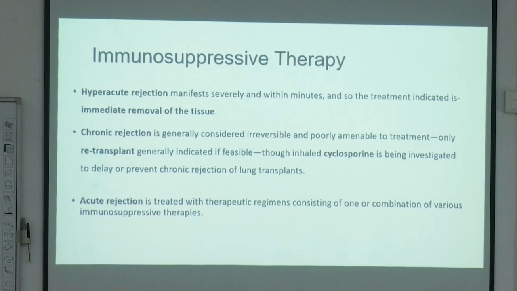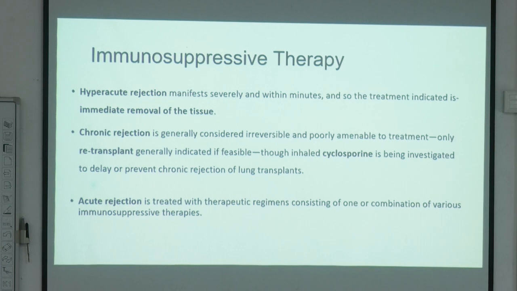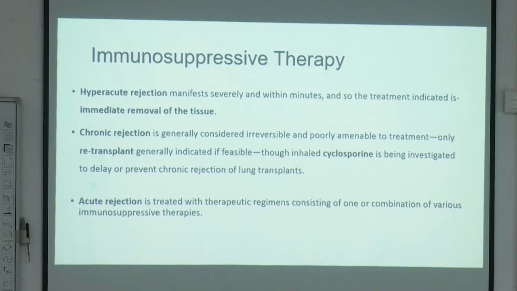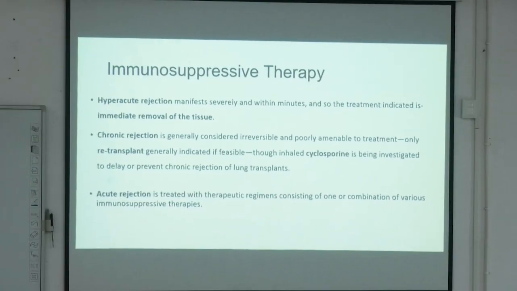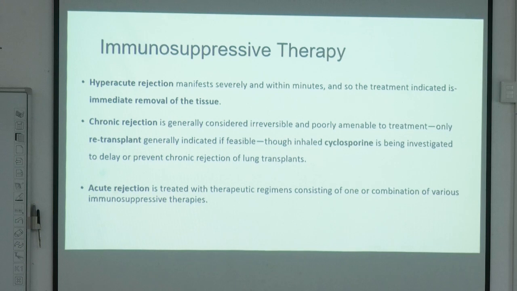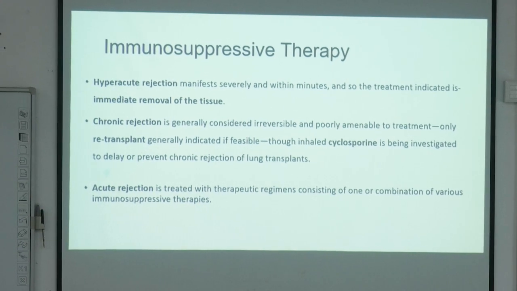In chronic rejection, treatment is generally not conducive because it is slow and progressive, it will go on like a non-communicable disease. So the main modality of treatment is retransplantation after end of life of the graft, or some drugs are under trial. So as you can see, immunosuppressive therapy has a major role to play in acute rejection.